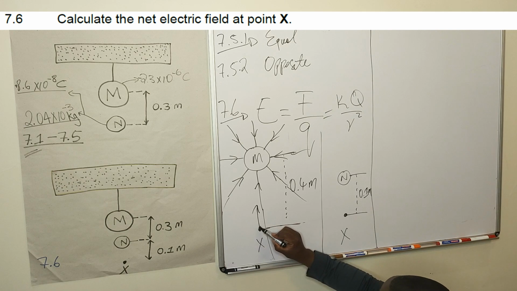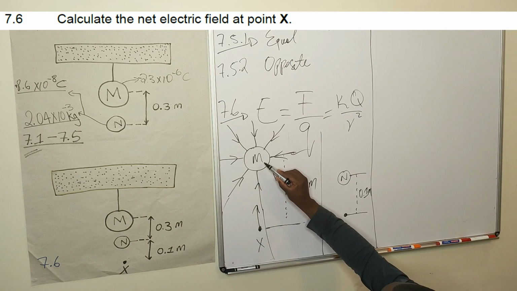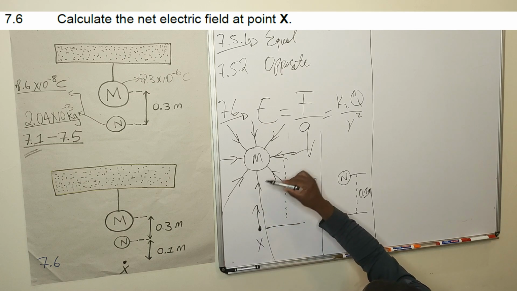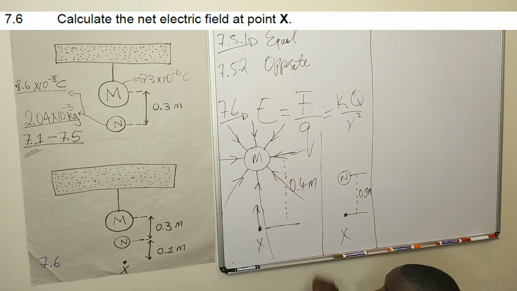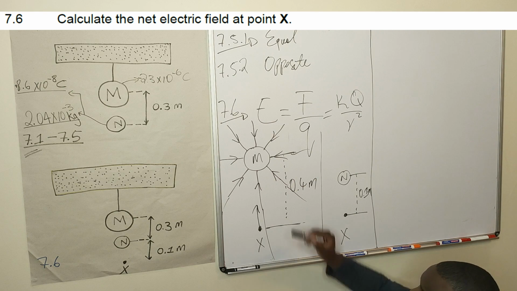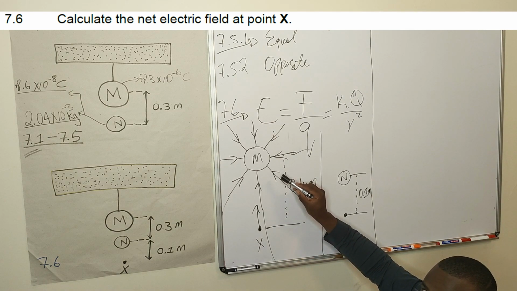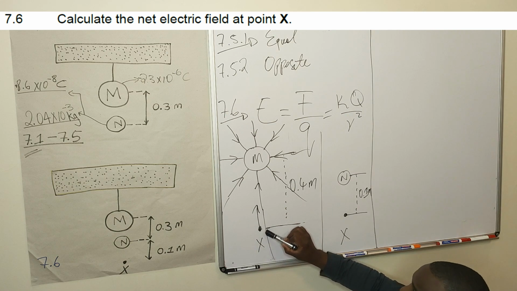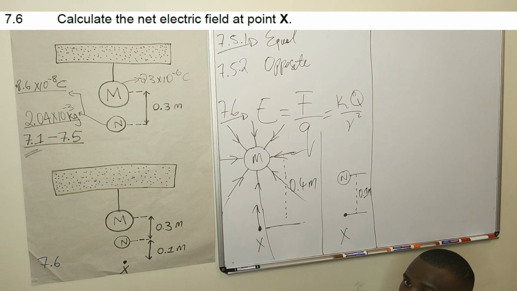This is the electric field of M on X. So X is feeling this field pulling it upwards towards M.